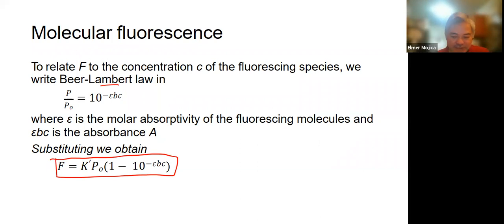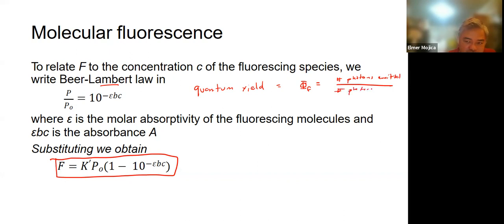Now, the other term that they use here is the so-called quantum yield. Okay. So if you're going to look at what we call quantum yield, all it is is like this, phi F. That's the number of photons that are emitted over the number of photons that were absorbed.